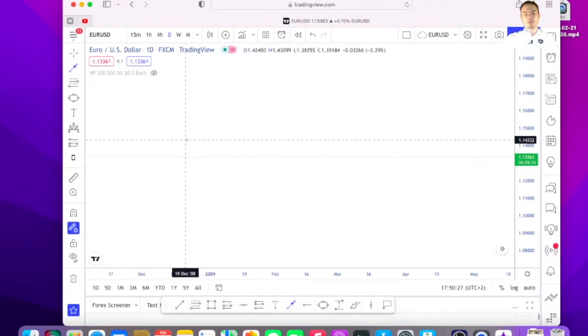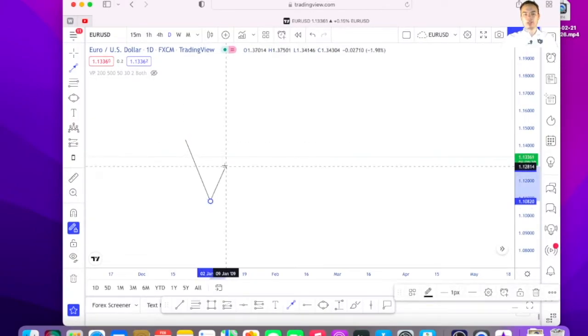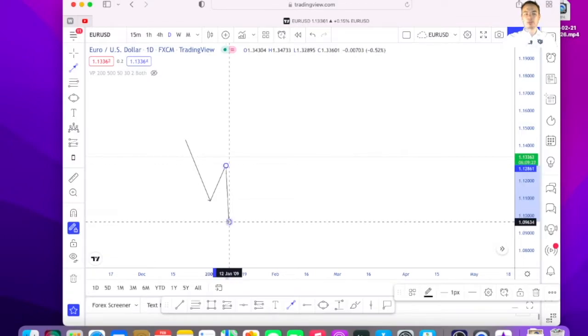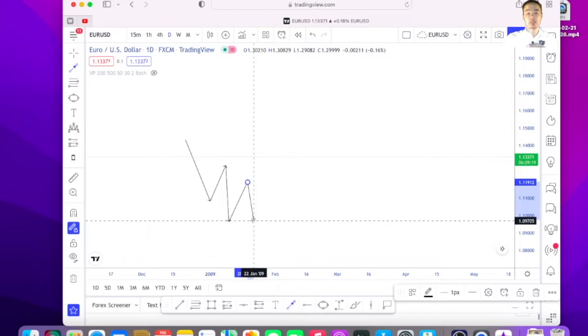With a double bottom, price will make a series of lower lows and lower highs. Then price will fall and make an equal low. Now remember, these are areas, zones. It can be exactly like this, it can just be above, it can just be below, somewhere there.